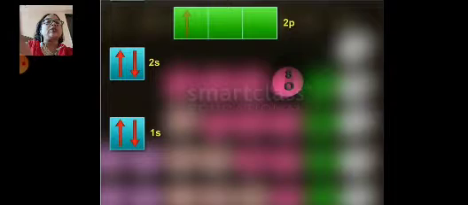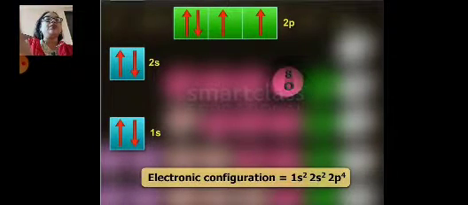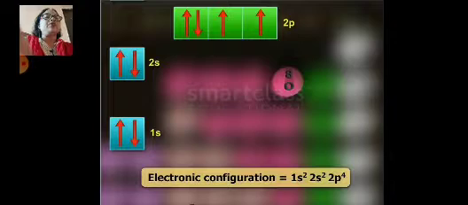The next two electrons will fill the 2s orbital, and the remaining 4 will go in the three 2p orbitals. The first 3 electrons will fill all 3 orbitals, and the last, fourth one will go in the first 2p orbital. So the electronic configuration of oxygen is 1s2, 2s2 and 2p4.